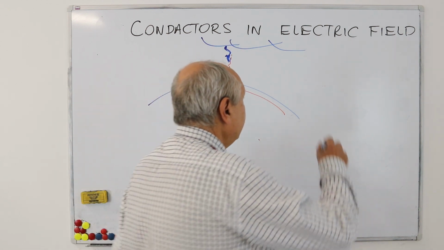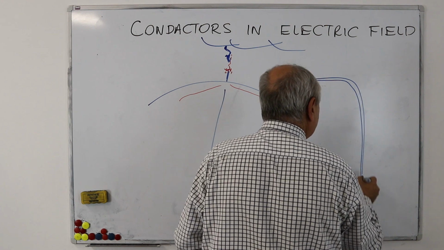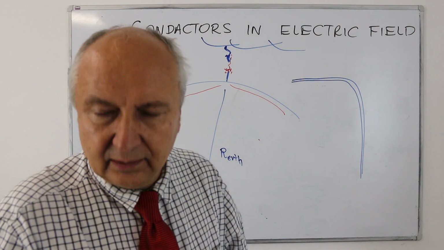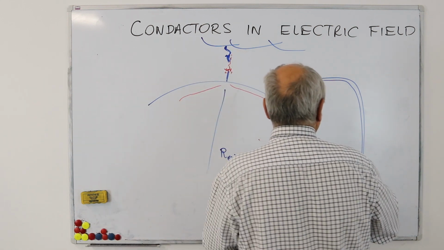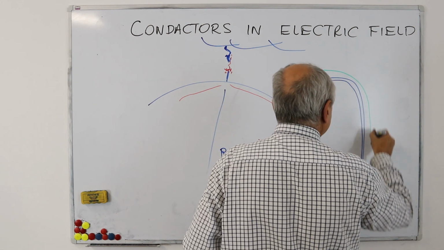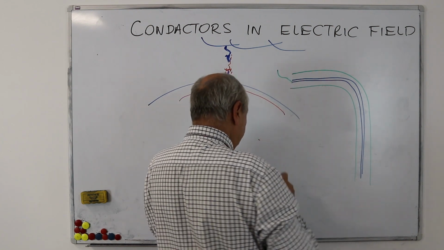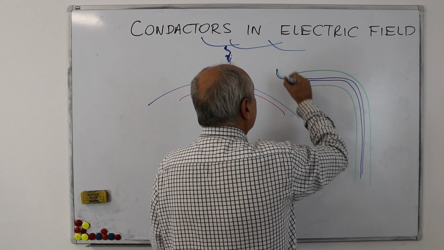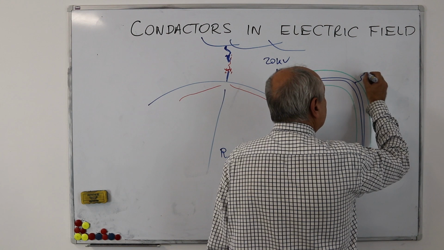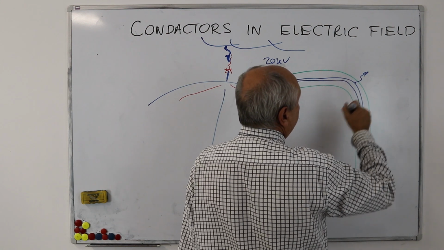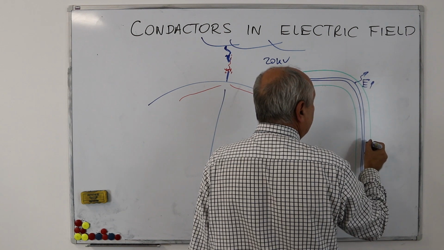And there was another practical aspect. This is the electric wire, the electric wire with isolator. Let's make the isolator green. And if the wire is at high potential, for example 20 kilovolts, breakdown may happen here, because on the curvature we will have higher electric field intensity than in another place.